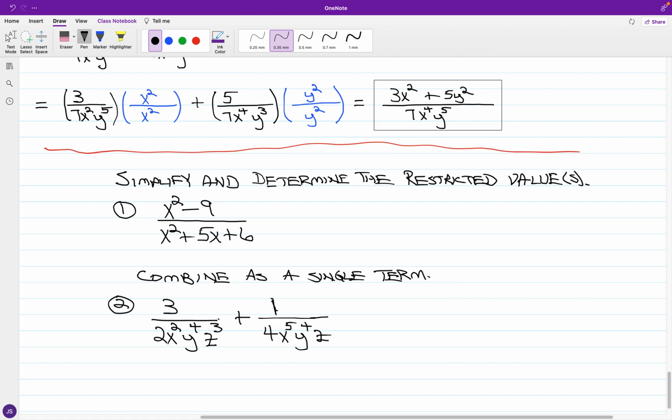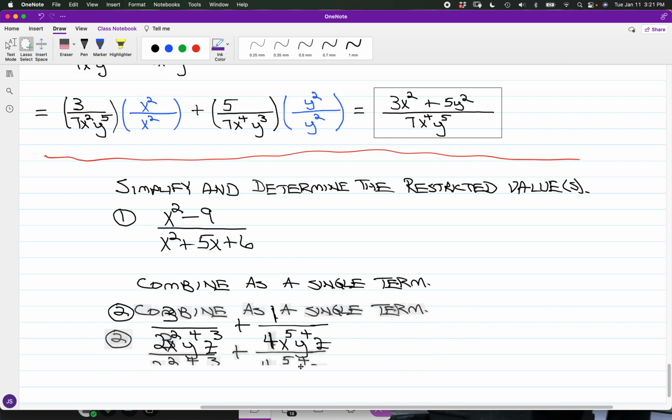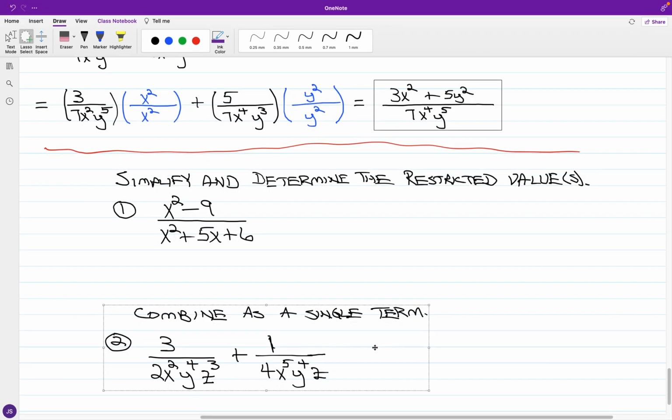And also, let's see what we get with the sum of these two ratios. So looking at what we have with the first item, and again, we have x squared minus 9 all over x squared plus 5x plus 6.